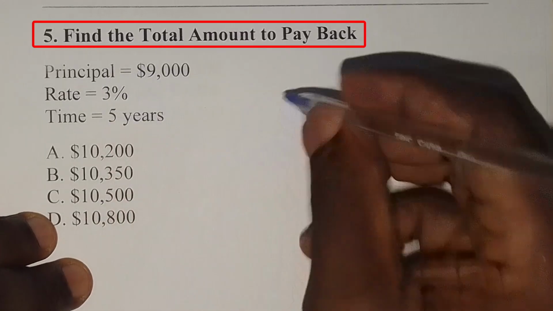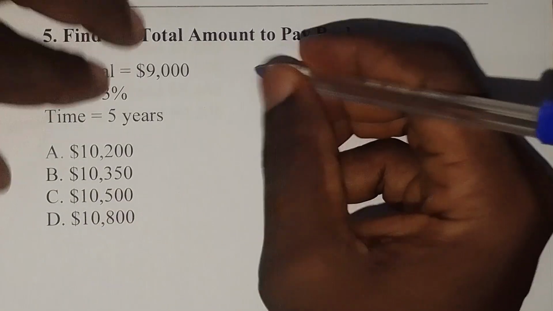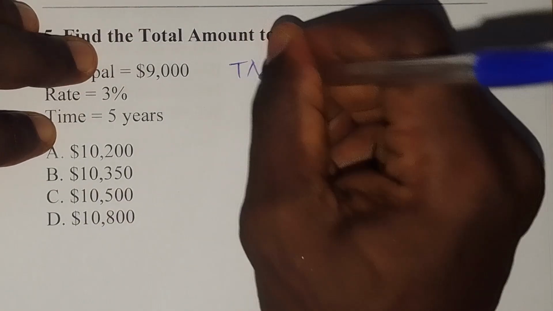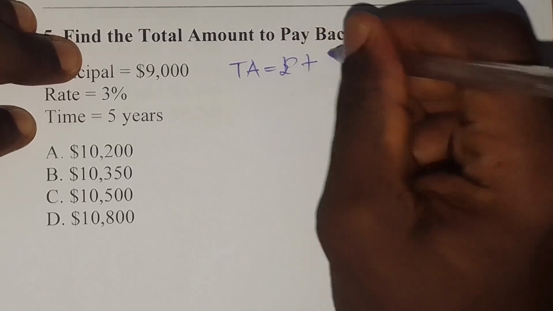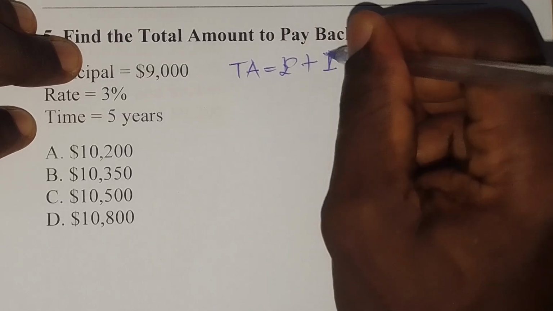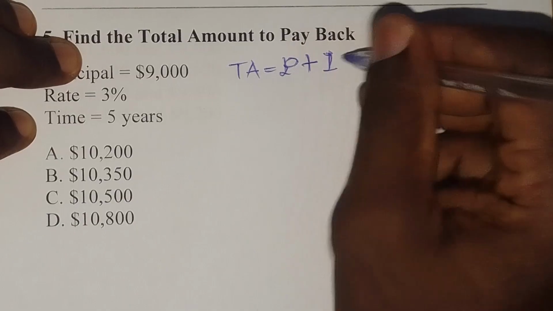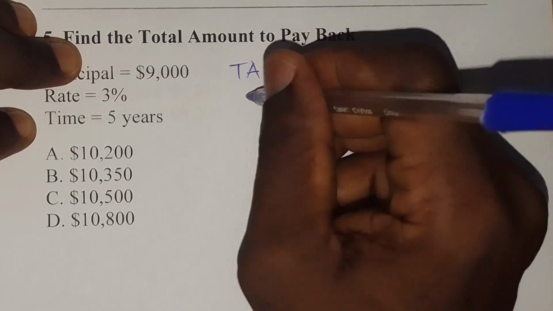Find the total amount to pay back. We all know that the total amount is equal to the principal plus the interest, or the simple interest. So we need to calculate the simple interest first.